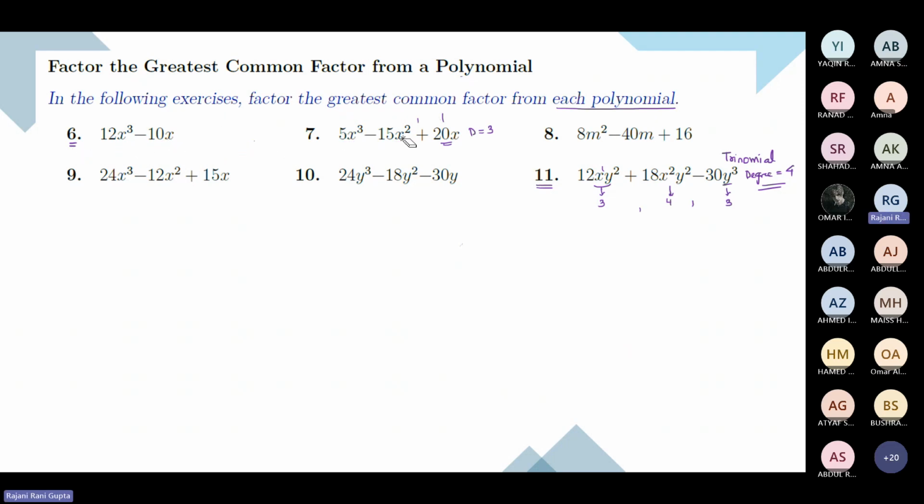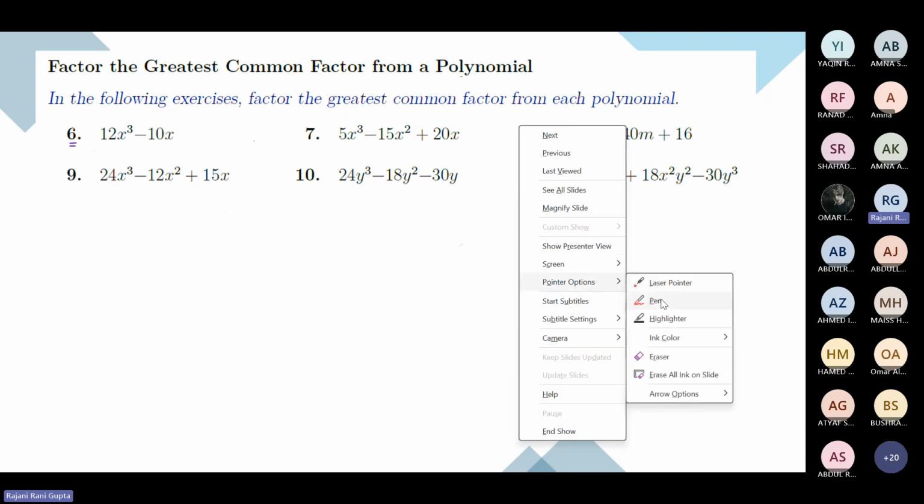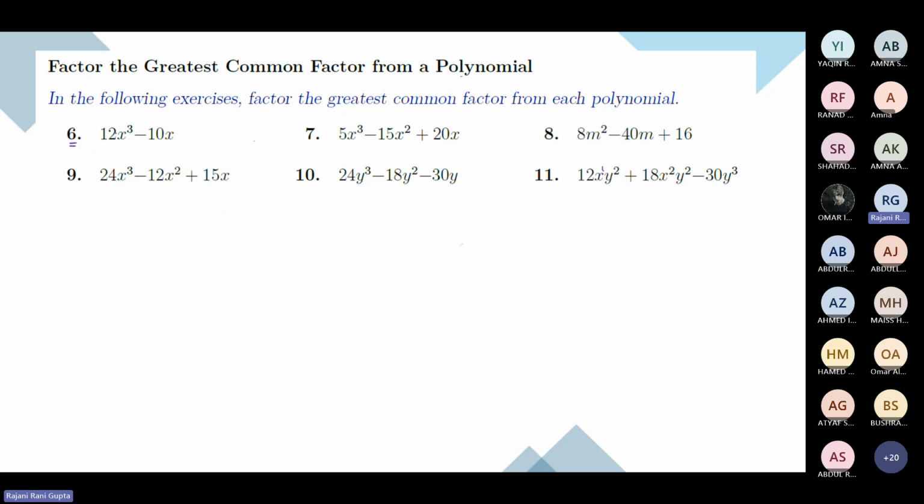Okay, so let's move to our topic, finding the greatest common factor. We will work in the same way as for the previous question. Let's write down question number 6: 12x power 3 minus 10x.